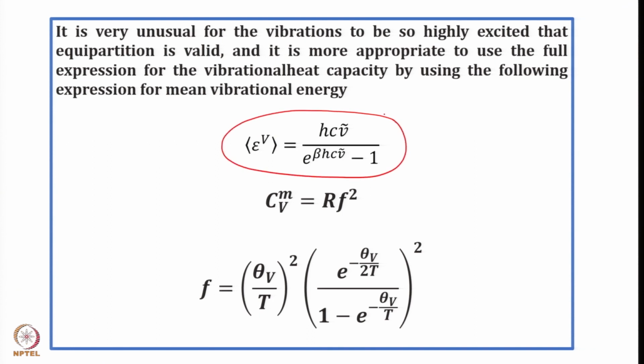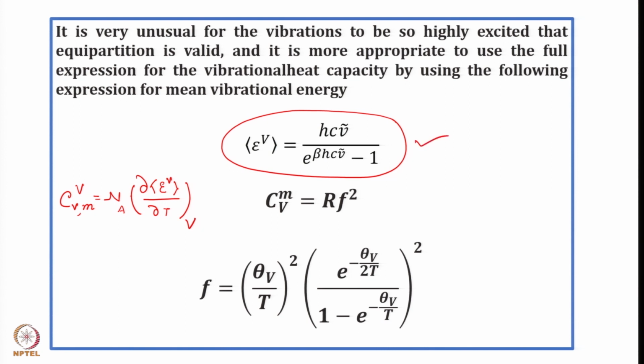which we have discussed in one of the previous lectures, equal to hc nu bar divided by exponential beta hc nu bar minus 1. And we want CVM vibrational, equal to Na into del, we need to take the temperature derivative of this.